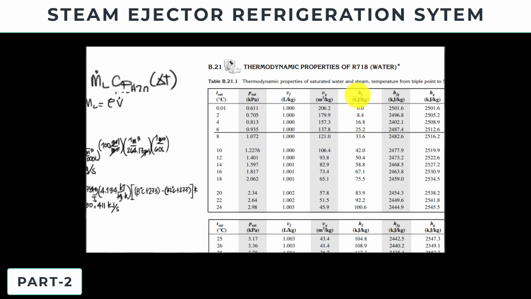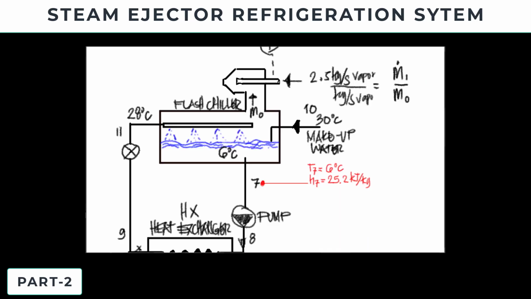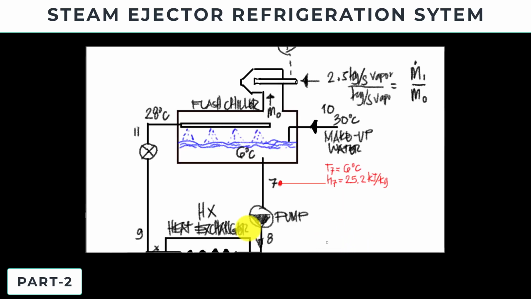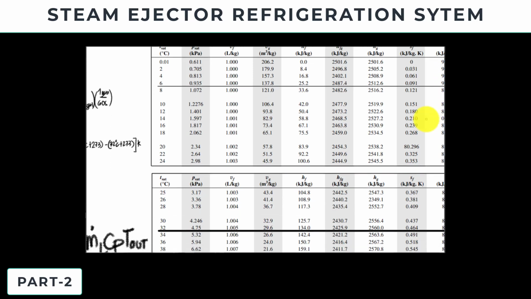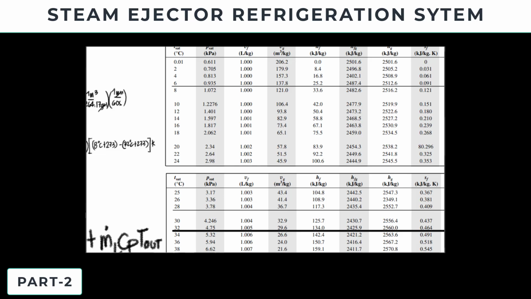That is 25.2. And then for the properties leaving the heat exchanger, we have 28 degrees Celsius. Looking at the steam table, we have 28. Again, we go to the enthalpy property in the liquid state. We have 117.3.